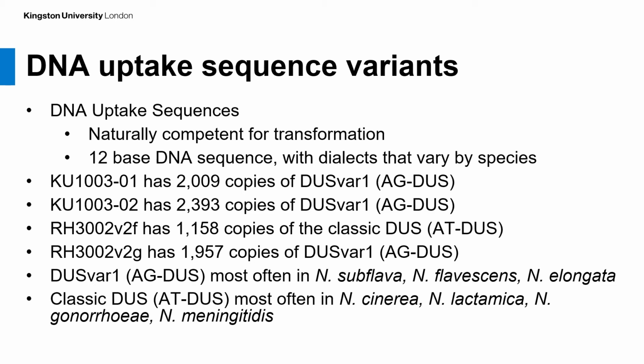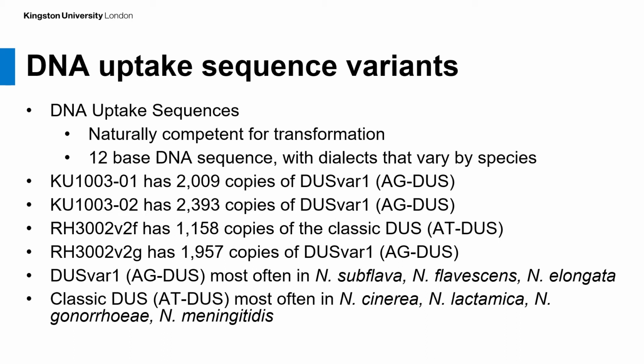This is a 12-base DNA sequence, and although Neisseria can take up DNA from any of the Neisseria species, there are some slight dialects that vary by species. So we use this to give us an indication of which species we might be looking at and add to the body of evidence of species.